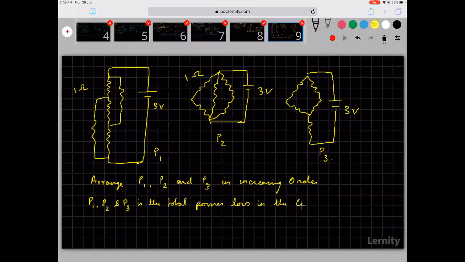Okay, the question is to arrange the circuits. This is circuit 1, this is circuit 2, circuit 3. The question is to arrange the power losses in each of them in increasing order.